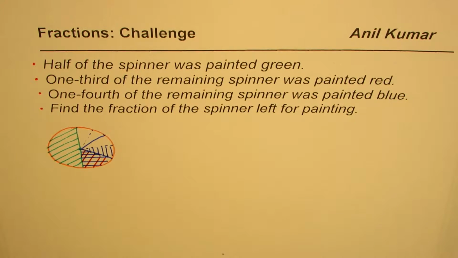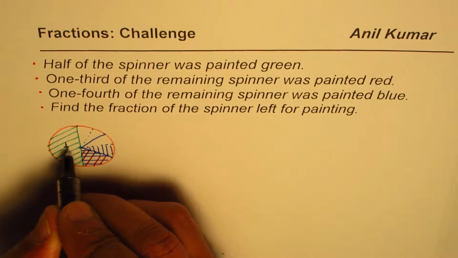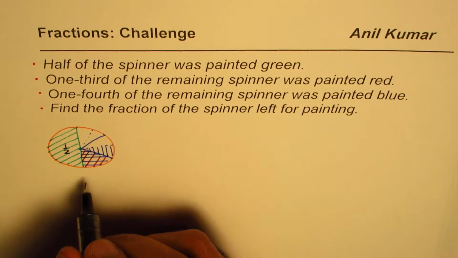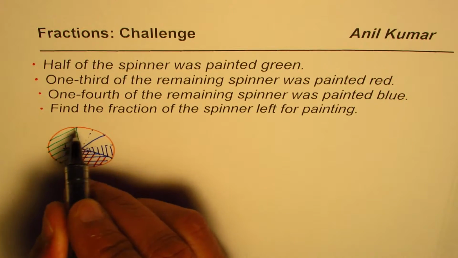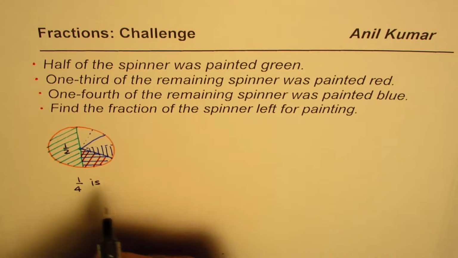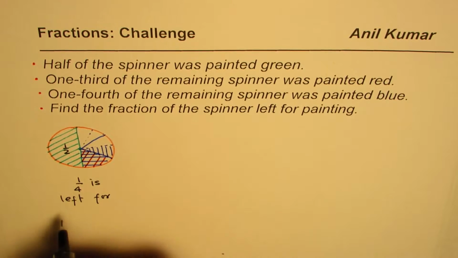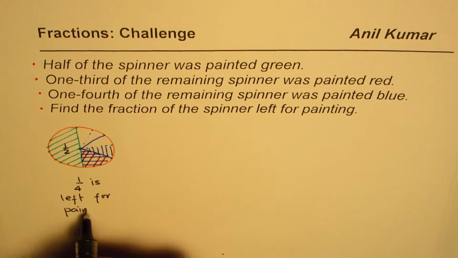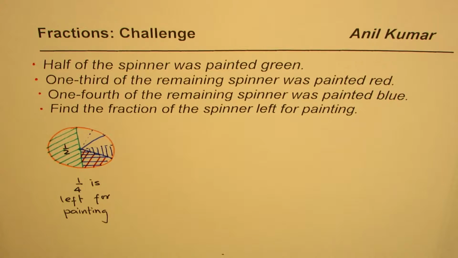So from this diagram, it seems to be this portion, right? This is half of the original. This is 1/3 of the original, but it seems very clear that the leftover is 1/4 left for painting, right? So this is kind of approximation, but it looks like 1/4 is our answer.